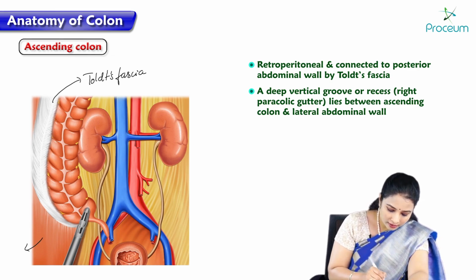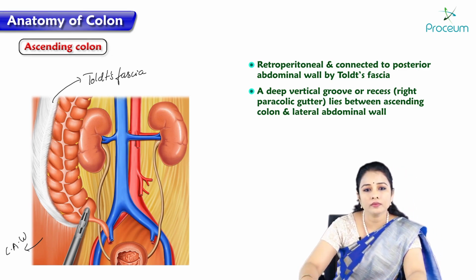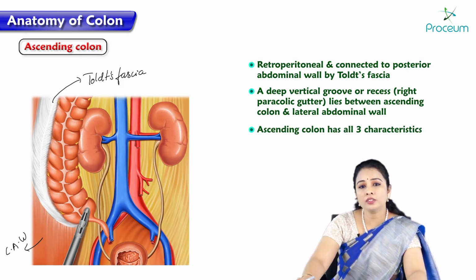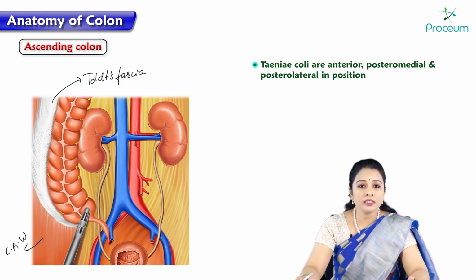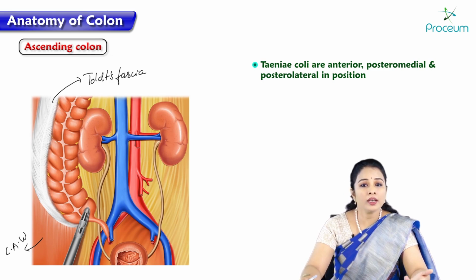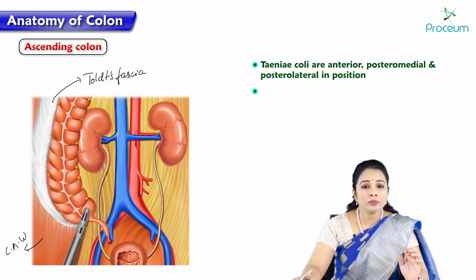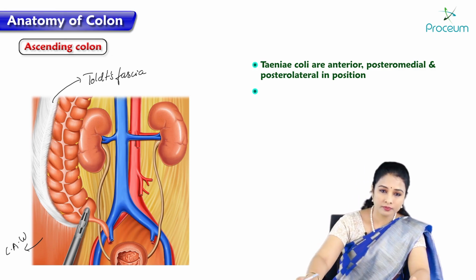This is the lateral abdominal wall, and here is the paracolic gutter. The ascending colon has all three characteristics of the large intestine: the taeniae coli are anterior, posteromedial and posterolateral in position, which are the longitudinal muscle coat. Sometimes the ascending colon also possesses a mesentery called the ascending mesocolon.